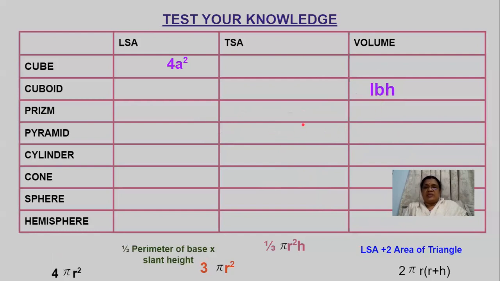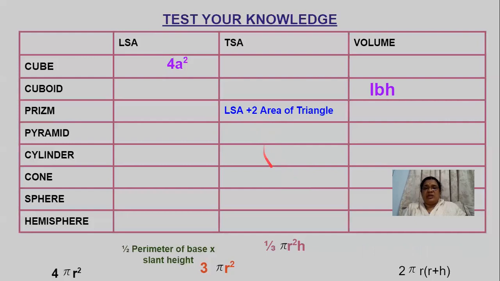Next one, prism. Is there any suitable formula below this table for prism? Which one is missing? LSA plus 2 into area of a triangle. This formula is fit for which one? LSA, TSA or volume? Yes, you are correct. It is the total surface area of a prism.